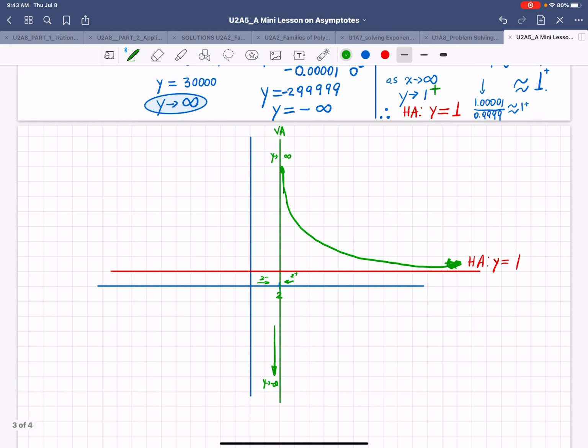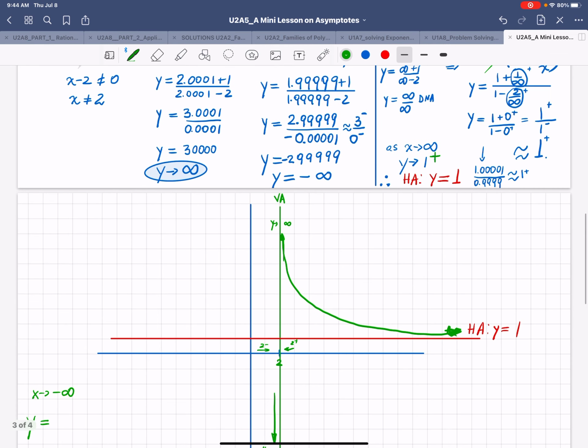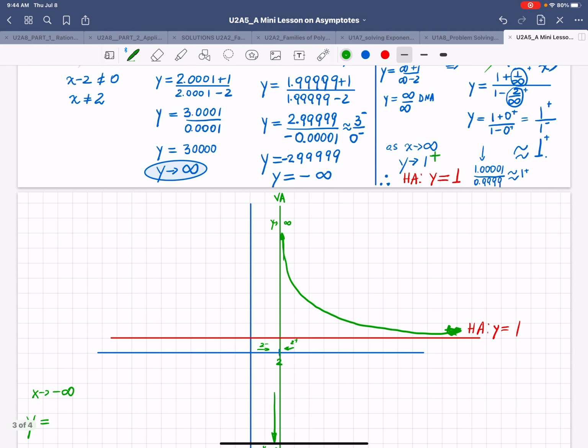And the same way we operate with x approaching negative infinity. The y values would equal, remember we already have the equation here. Actually, we should continue. Down here, it's easier to connect them. As x approaches negative infinity, y will be 1 plus 1 over negative infinity over 1 minus 2 over negative infinity.